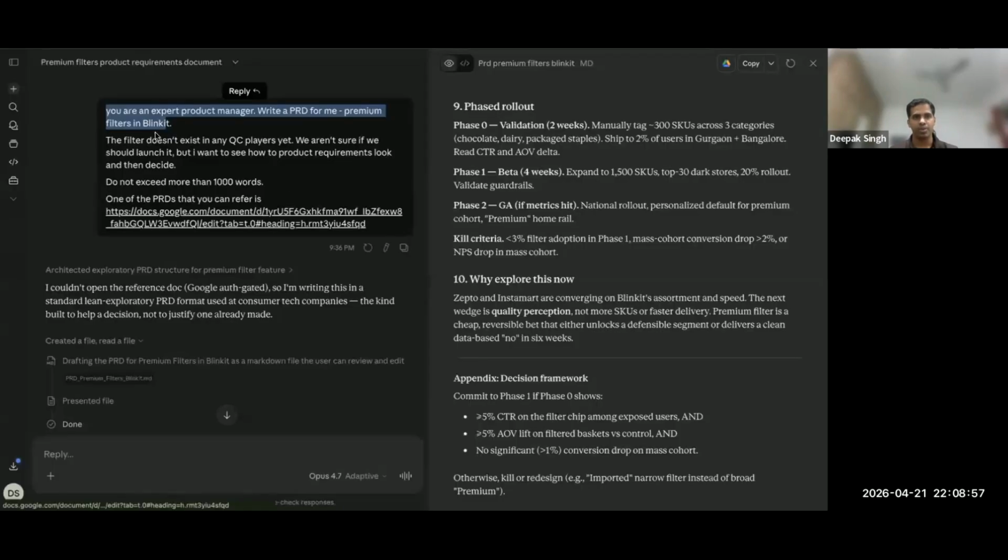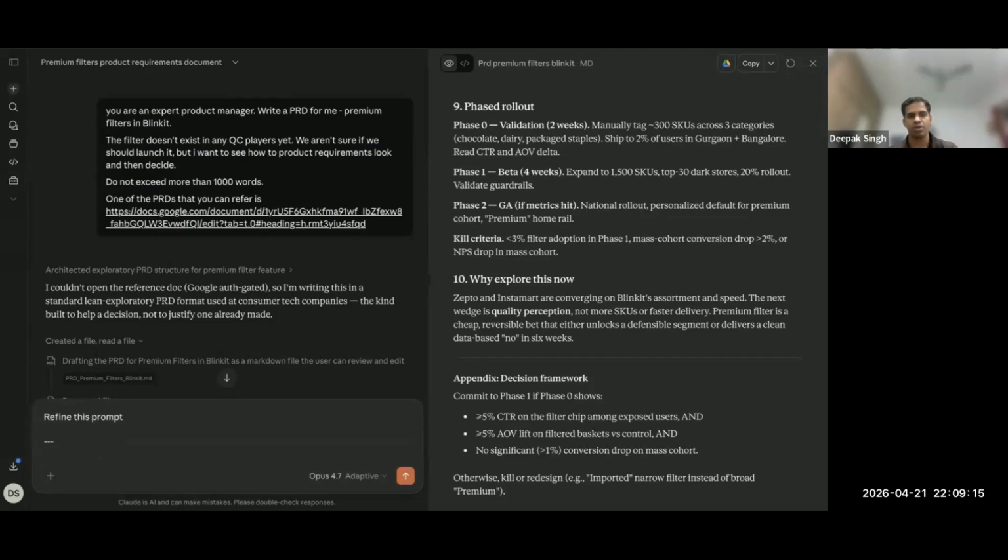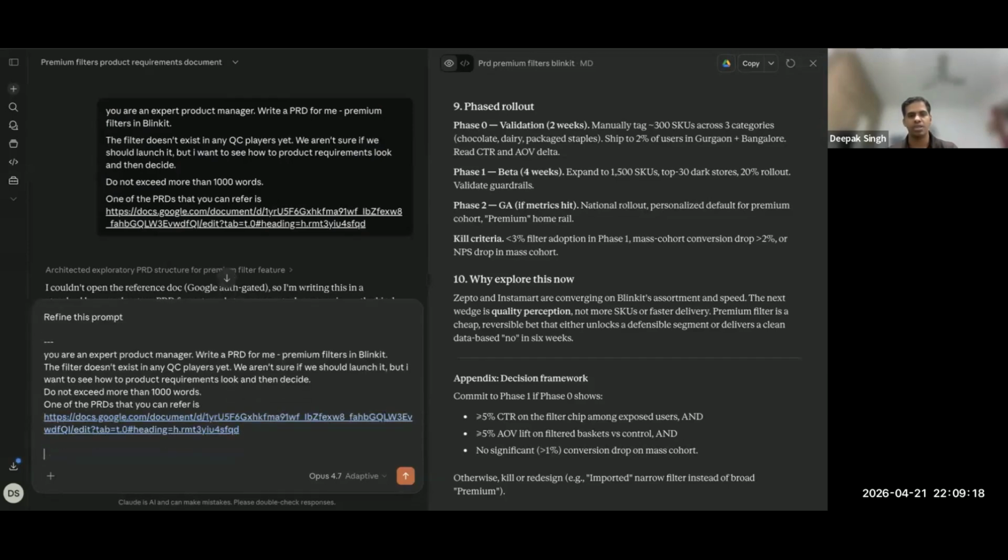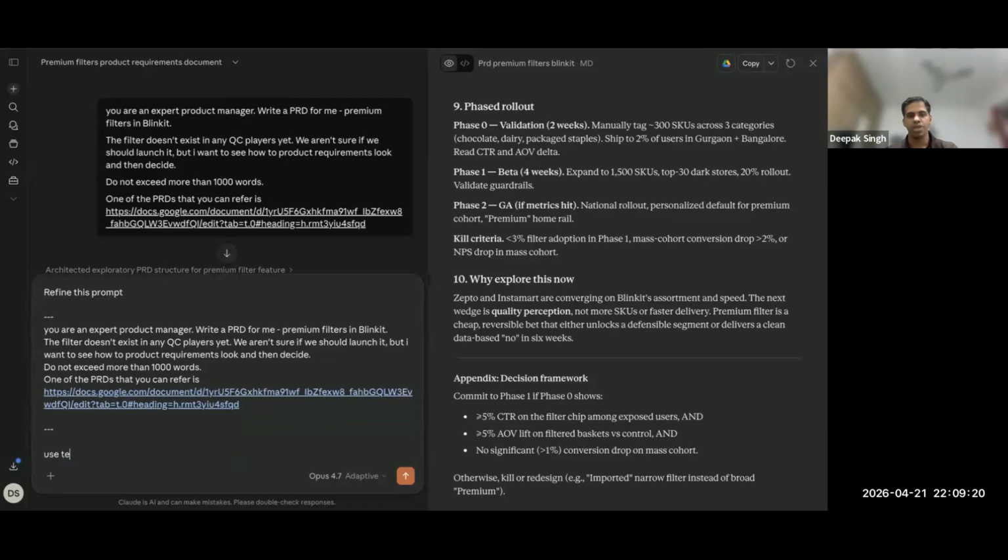Now, coming to this particular thing, before I start, what you will end up realizing is that, based on what you have understood, you can use a few things in this prompt. This is the beauty of LLMs: you can even tell it to define this prompt. First of all, you can start using delimiters. Use techniques. By the way, if you just ask it to use prompt engineering techniques, it will not do that great a job.